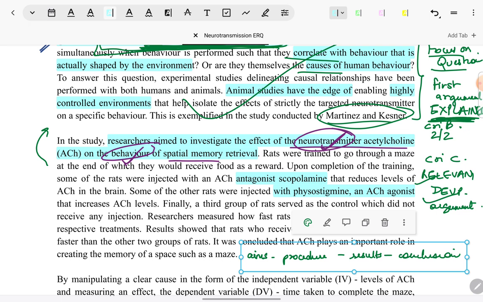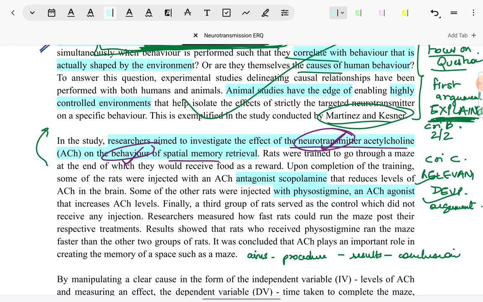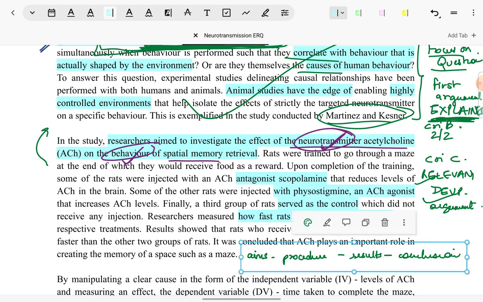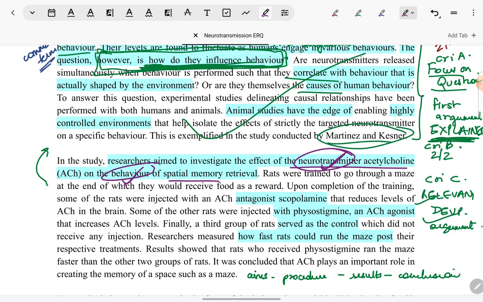And I've specified how all of this influences levels of acetylcholine in the brain. I have also specified that there's a control group for comparison. I have mentioned the dependent variable, what is being measured. They were measuring how fast rats can run a maze after acetylcholine levels have either been increased, decreased, or kept constant in the brain.